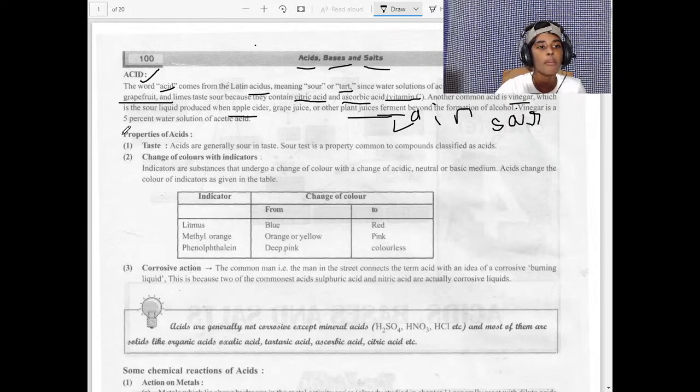Vinegar is a 5% water solution of acetic acid.